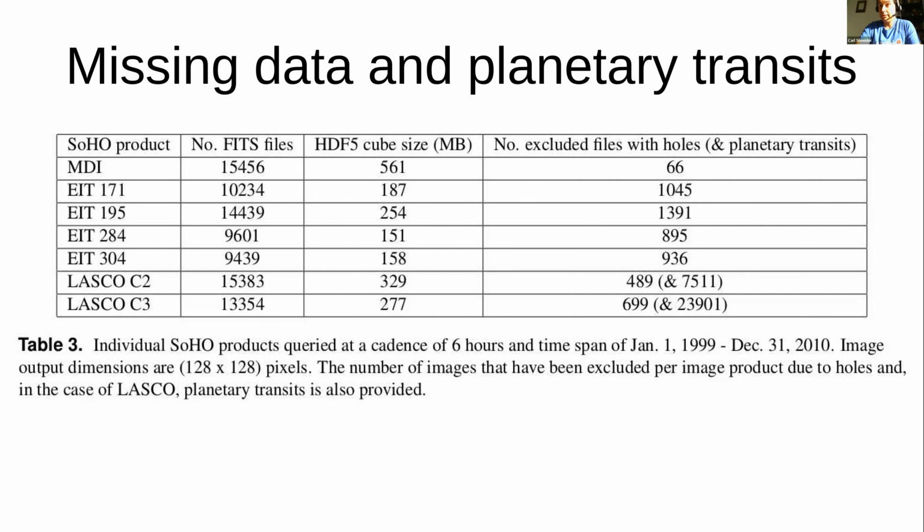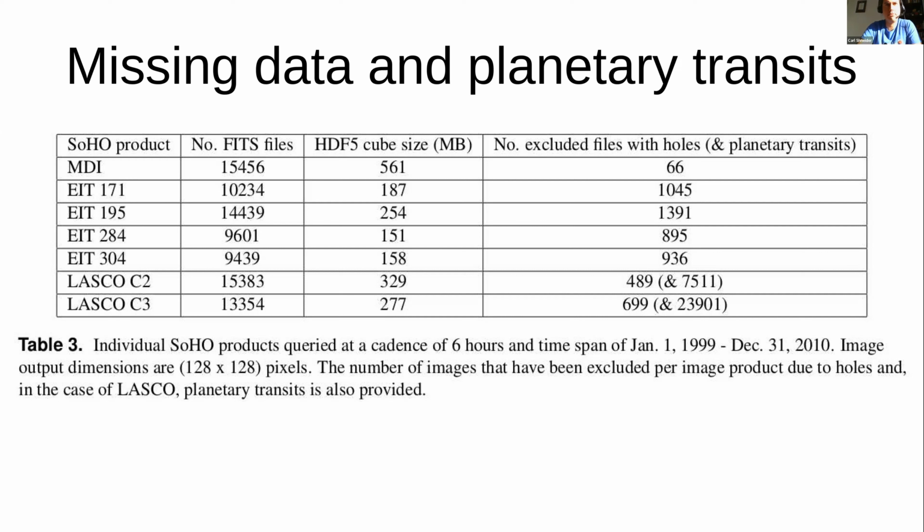And then, as one can see, there is the number of files that actually had missing data, which I refer to with the nomenclature of holes, or had planetary transits in parentheses. Looking at EIT 171, roughly 10% of the data had missing data in it.